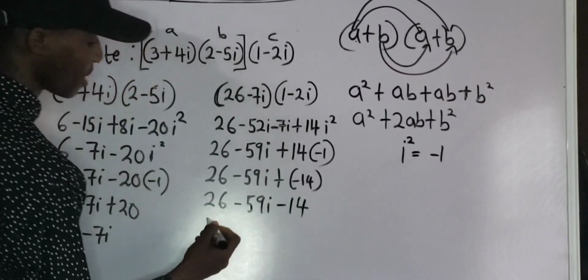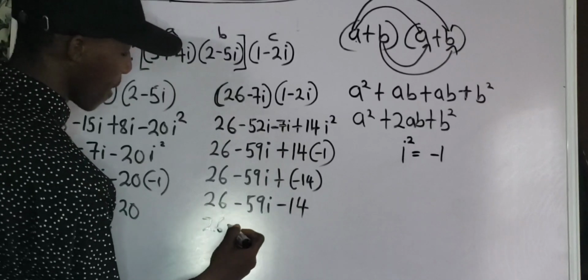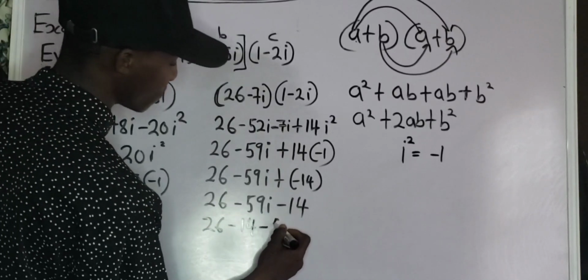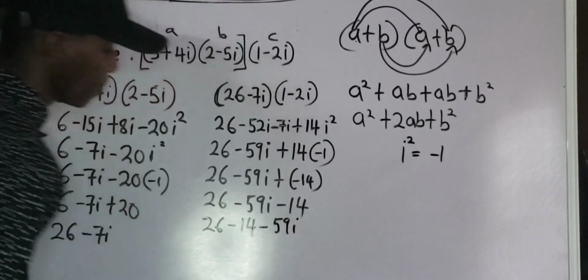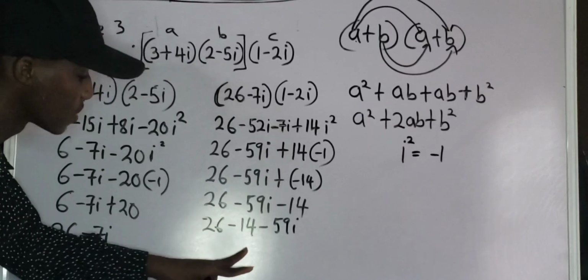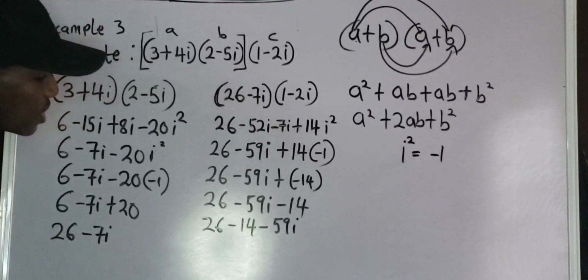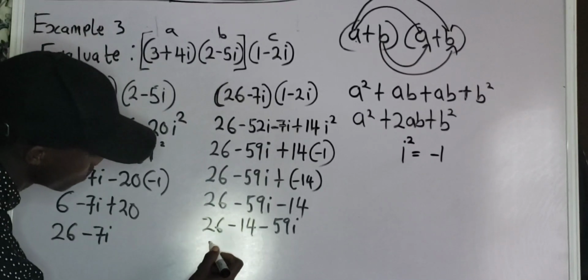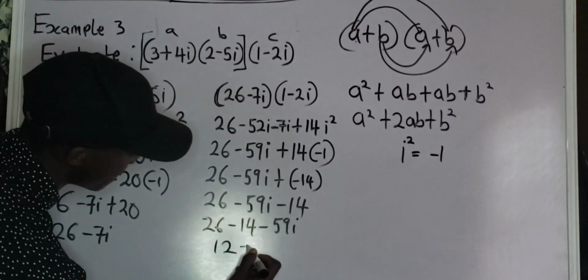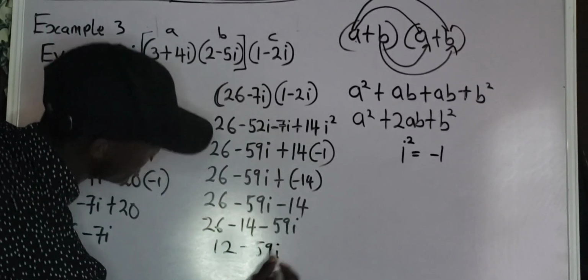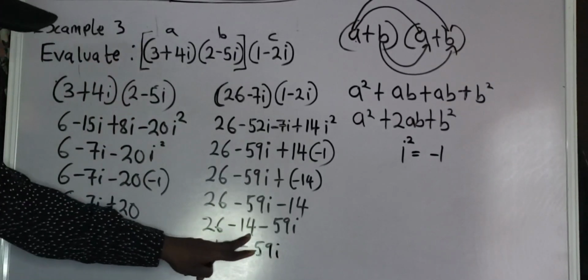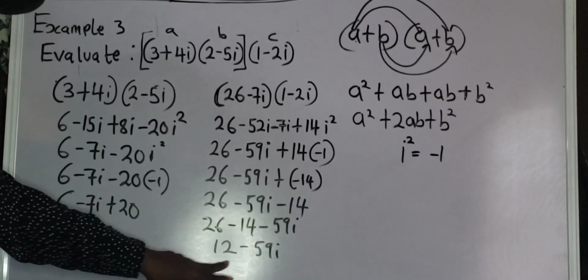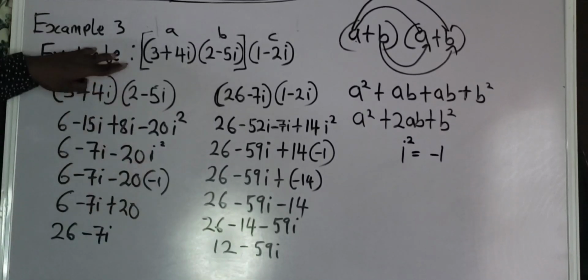If you collect like terms, I'm going to have 26 minus 14 minus 59i. 26 minus 14 is 12. So 12 minus 59i is the evaluation of this.